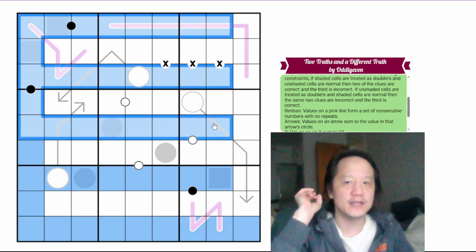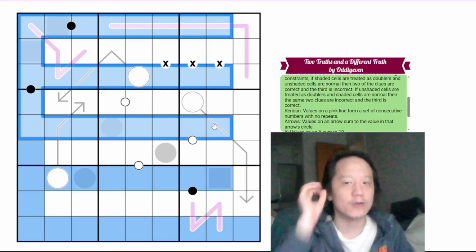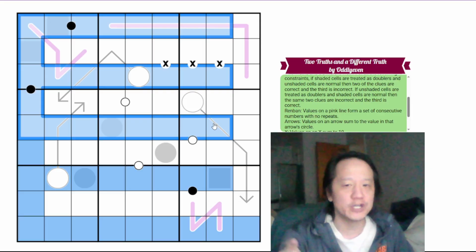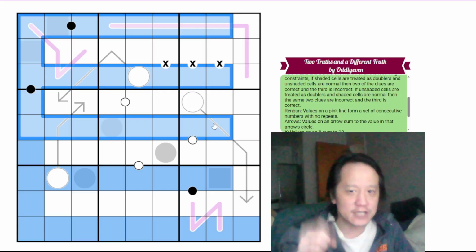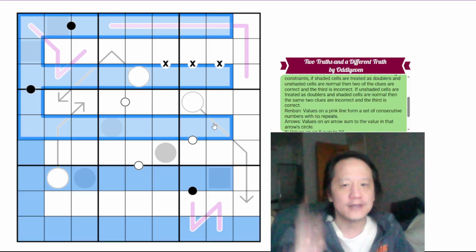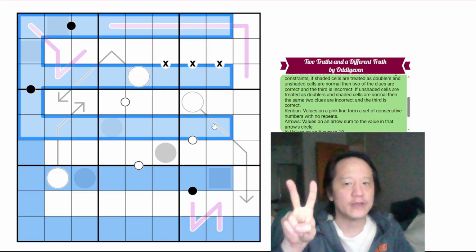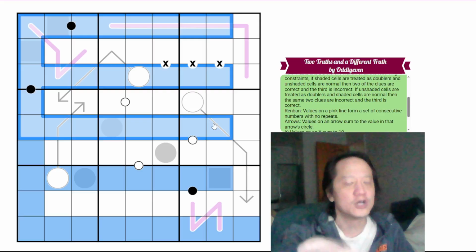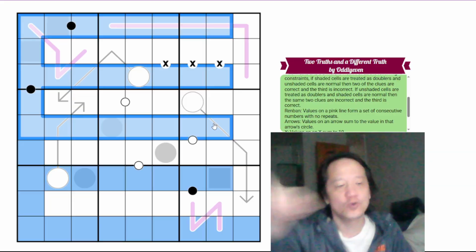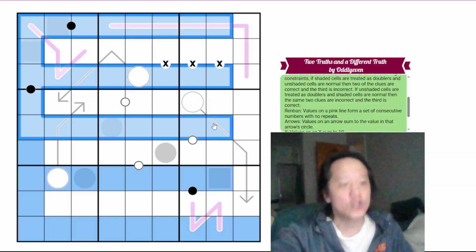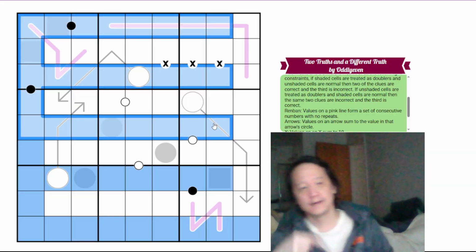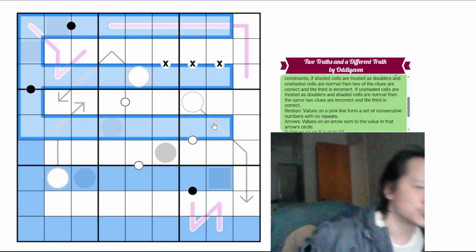When unshaded cells are treated as doublers and shaded cells are normal, then the same 2 clues that were correct in the previous one are now incorrect, and the third one is correct. So that's what it should be saying.